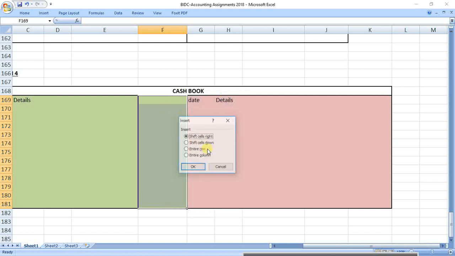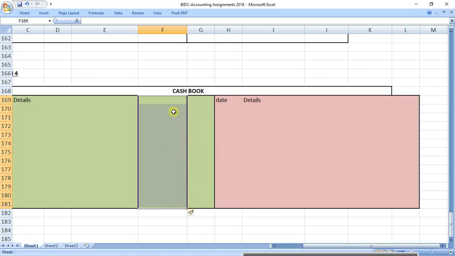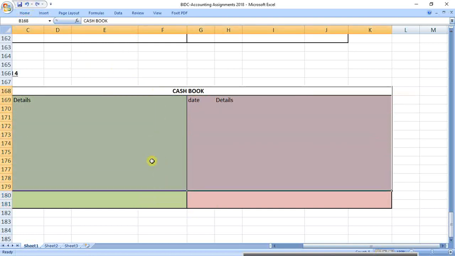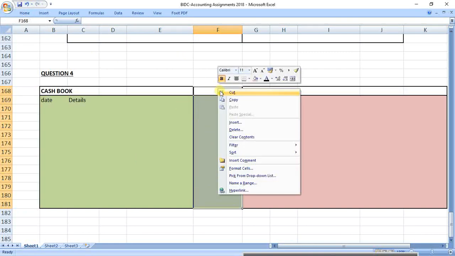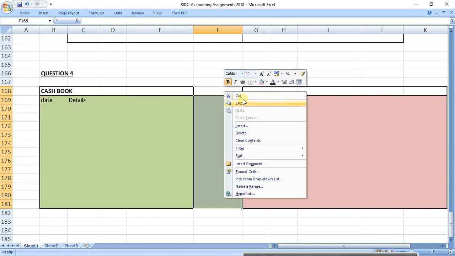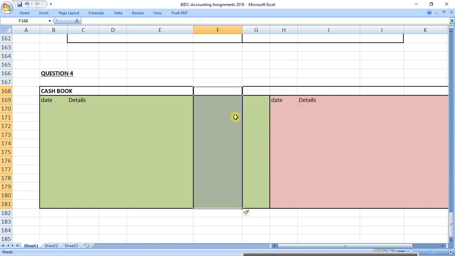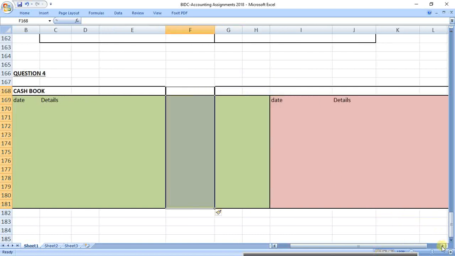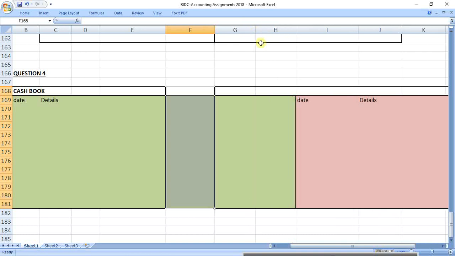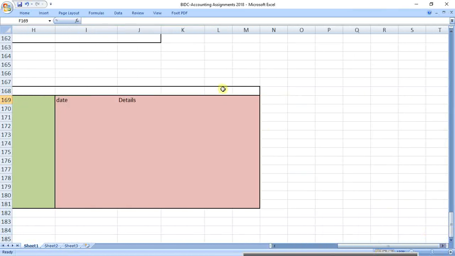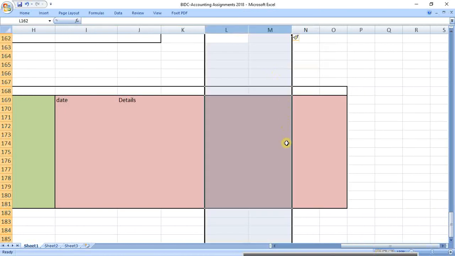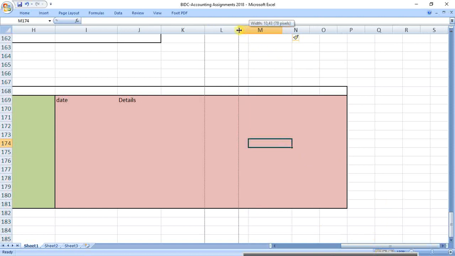Let's add more. And then 3 columns for this one as well. It's quite a big T account then.